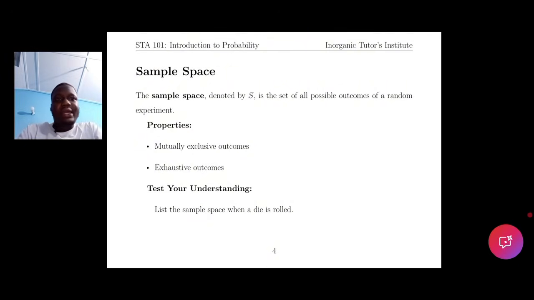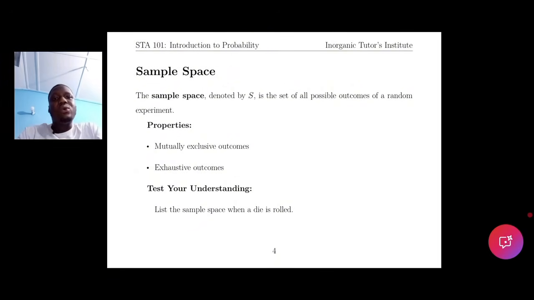So what we have here is the sample space, arguably one of the most important terms in probability, no doubt. The sample space, as defined in the slide, is the set of all possible outcomes of a random experiment.